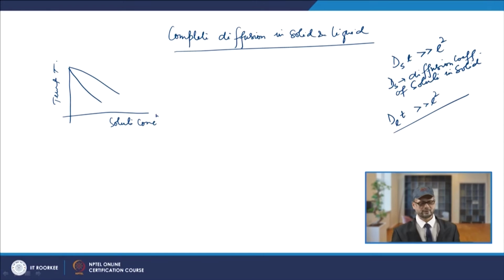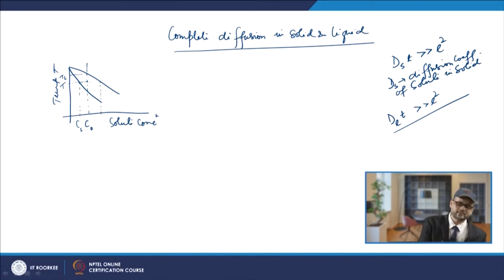Now suppose you are coming to this C naught concentration at this temperature T. This will be your TL, that is your liquidus temperature, at a defined temperature T. At this point where it is touching you will have Cs, and similarly you will have this as Cl. So, it will be K C naught.